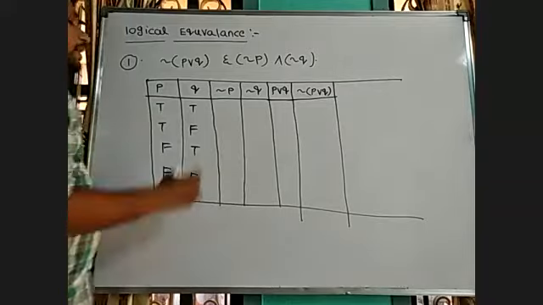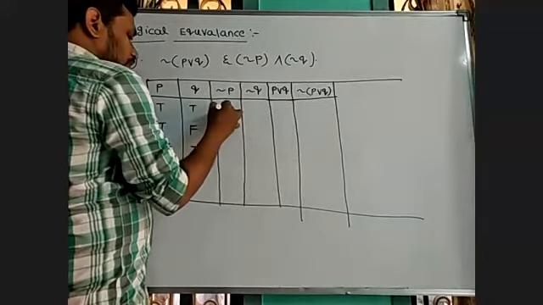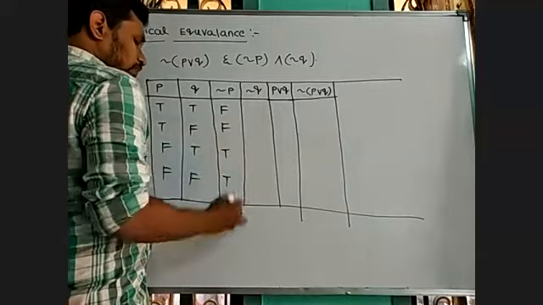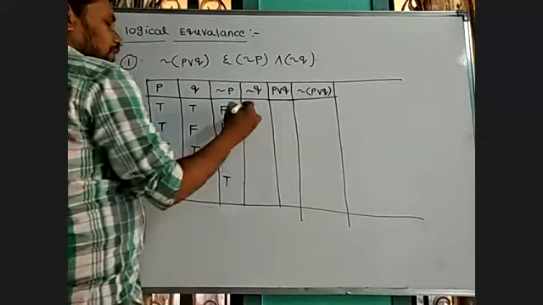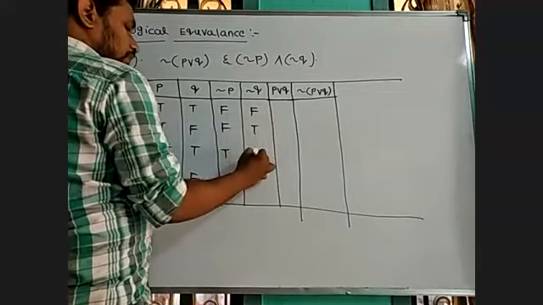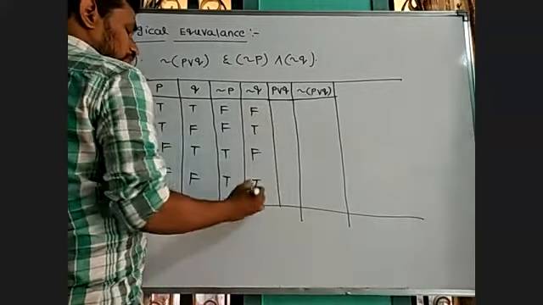Negation of P: what we get? False, false, true, true. Negation of Q: false, true, false, true.